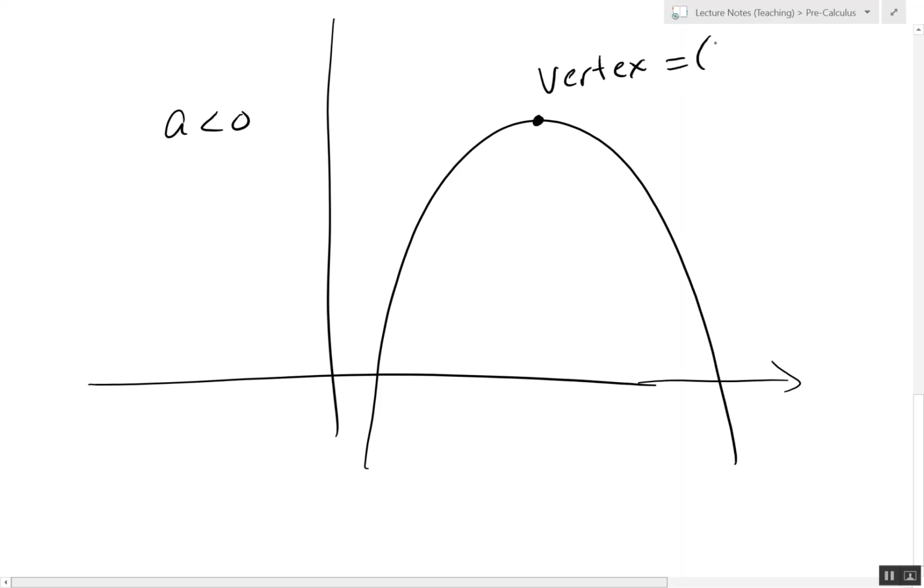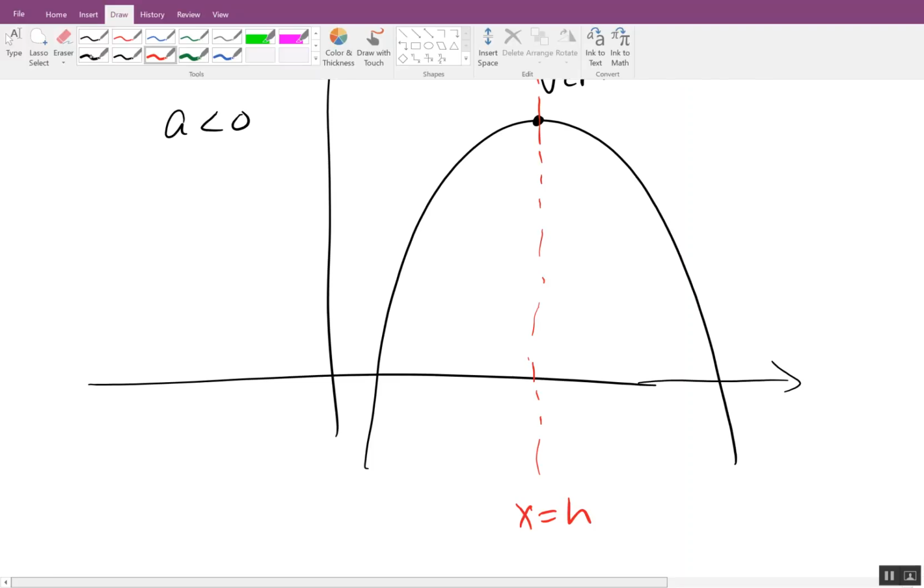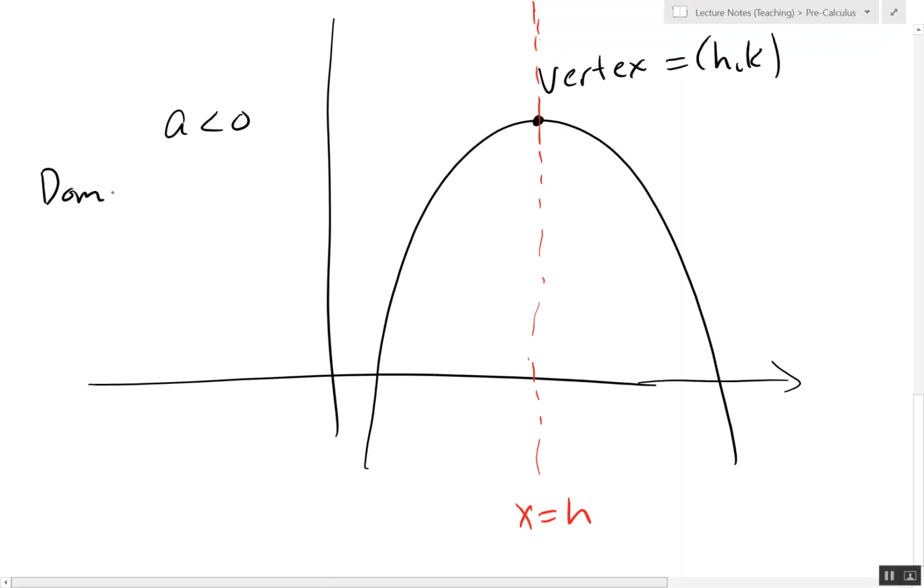Again, your vertex is going to be (h, k), and again you're going to get an axis of symmetry at x equals h. So what changes? For one, the domain doesn't change. That's going to be, again, negative infinity to infinity.